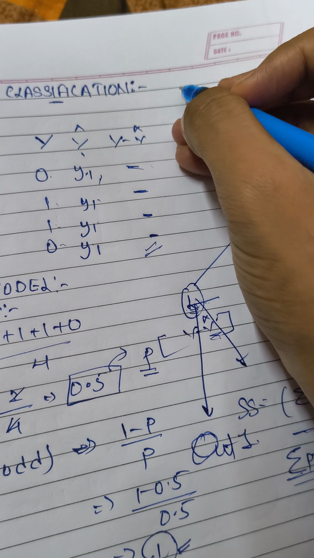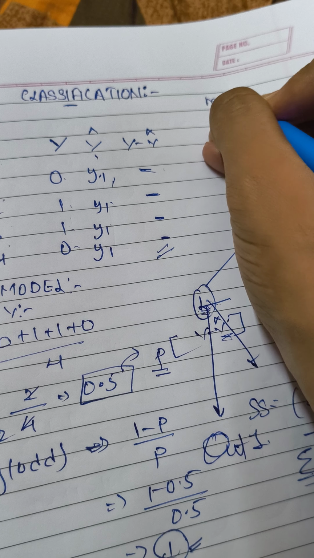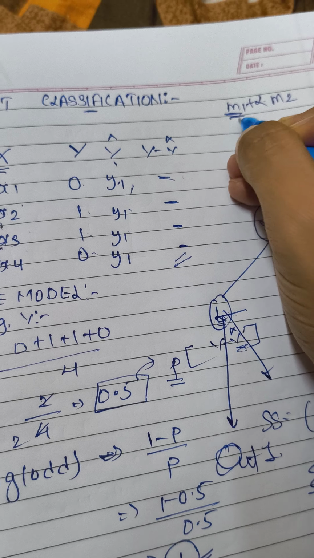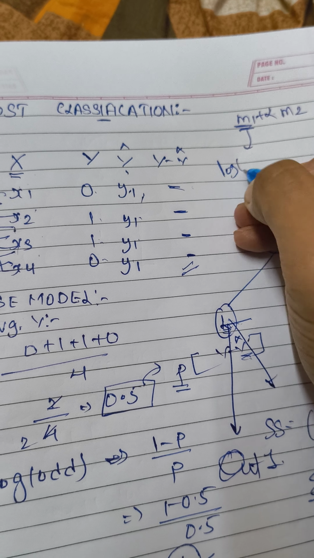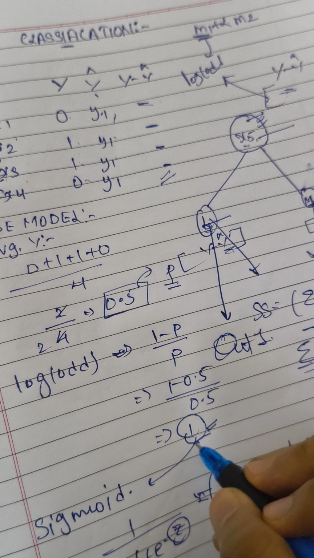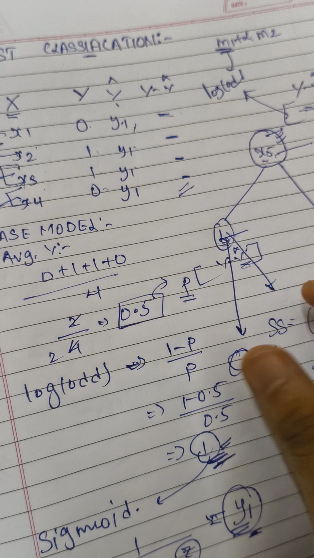In the update, we know that it is m1 plus alpha m2. M1 is what? M1 is our log odds, the value which we calculated here.